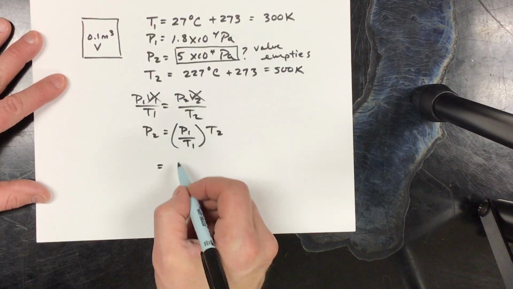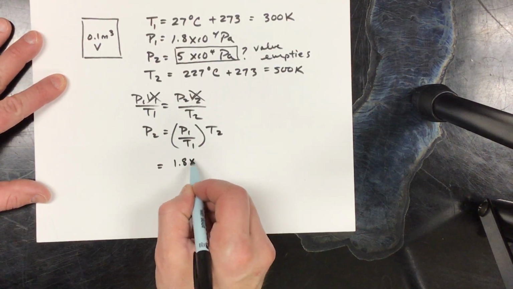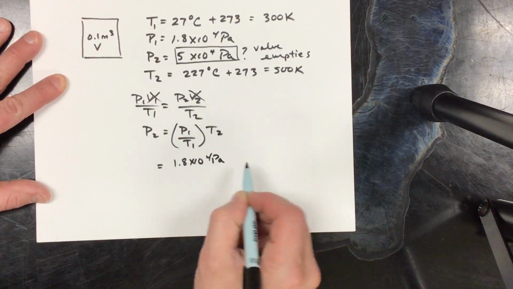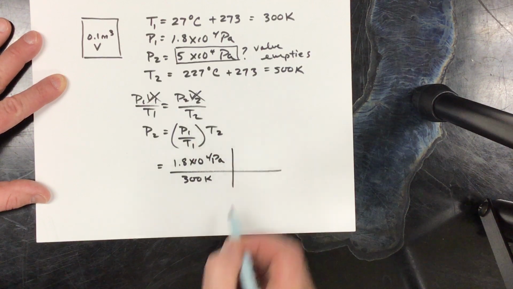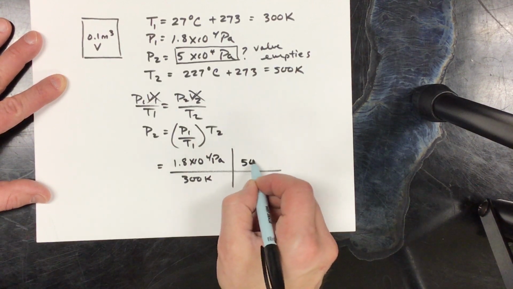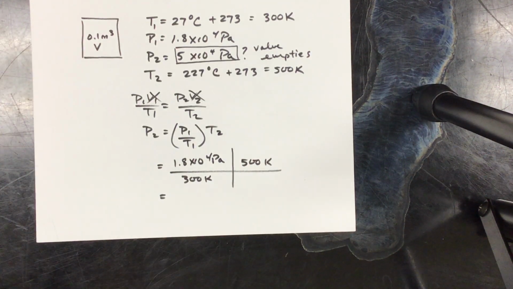Okay, so pressure 1 is 1.8 times 10 to the 4 Pascal. T1 is 300 Kelvin. T2 is 500 Kelvin. And now just a quick bit of arithmetic here. 5 over 3, I might even be able to do that in my head, but I'm not going to try it this time.